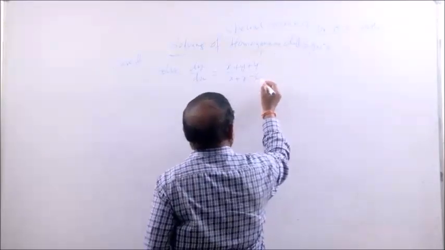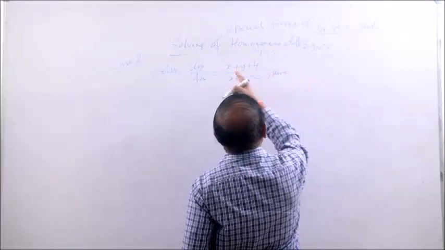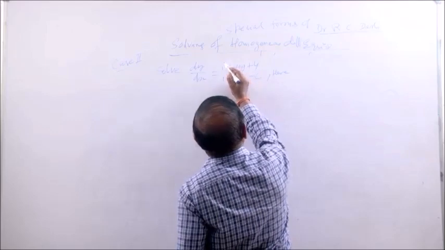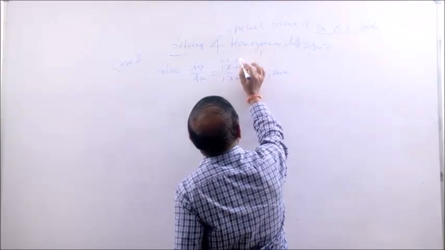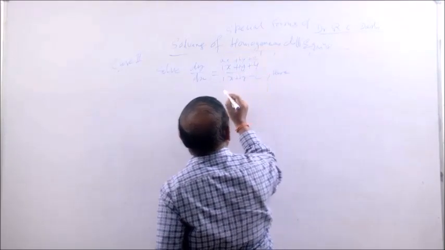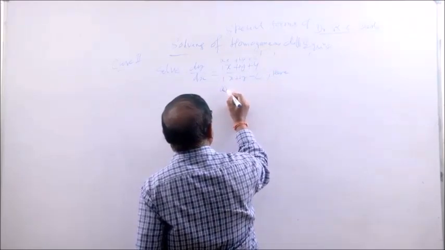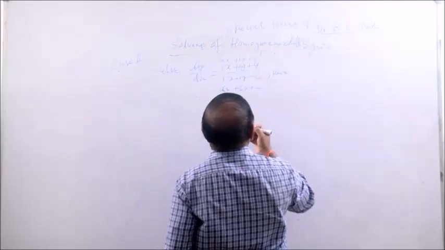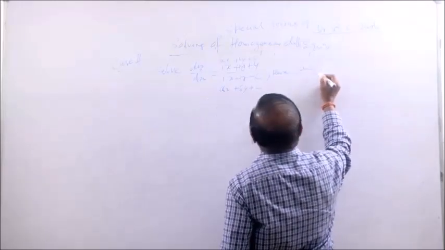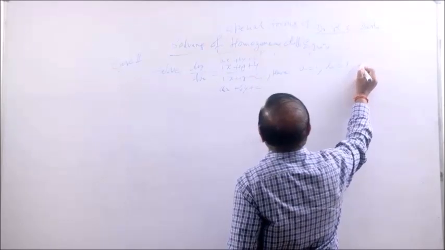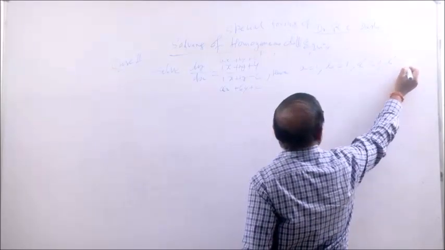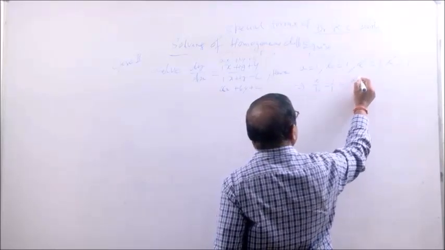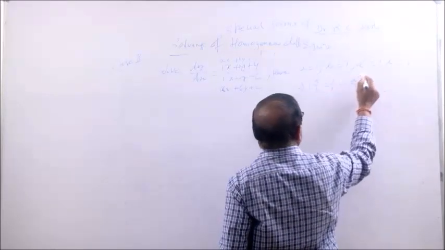You see here, as I have told you, ax plus by plus c and a dash x plus b dash y plus c dash, right. But here a is 1, b is 1, a dash is 1, b dash is 1. That implies a by b is equal to 1 by 1 is equal to a dash by b dash. So this is case 2.